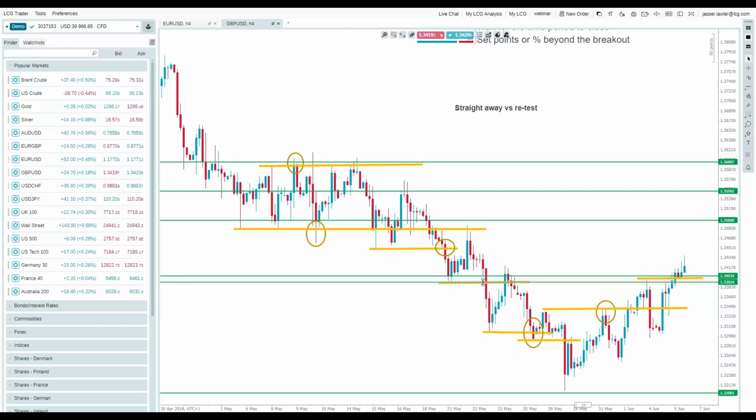So the level is pretty much 133.91. Say maybe your entry, it would be more like give it a few pips in this case, because it's the forex market. You'd say 133.87, maybe it's 5 pips below, and then you would say maybe 10 or so pips above. So you're looking at something like a 15 pip plus spread stop loss.